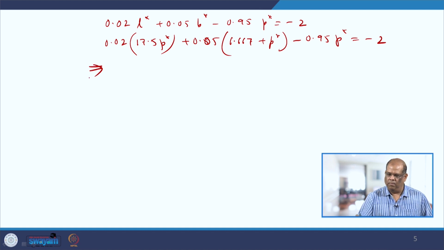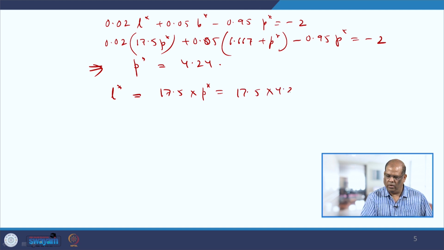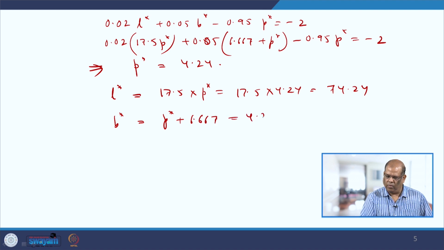And the simple linear equation, if you solve, you will get the value of P star to be 4.24. And similarly, your L star will be 17.5 into P star, which is equal to 74.24, and your B star is equal to P star plus 6.667, 4.24 plus 6.667, and this is 10.91.